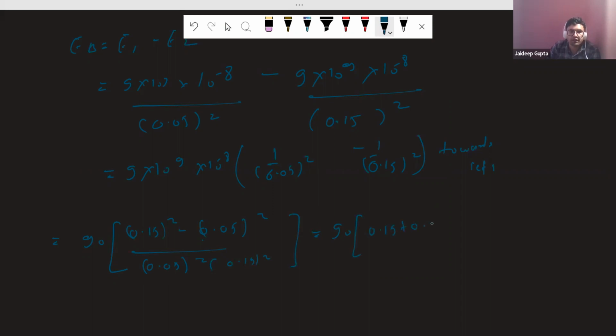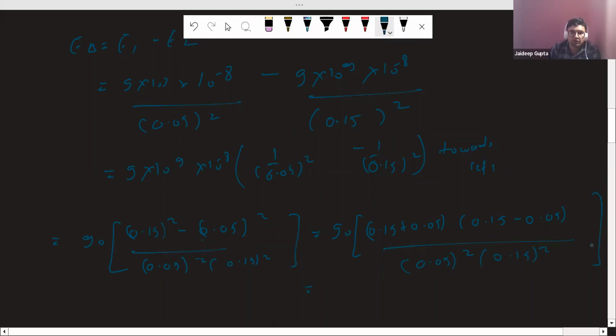This is 0.15 minus 0.05 over 0.05 whole square, 0.15, left. It would be 0.2, and this is minus 0.1.